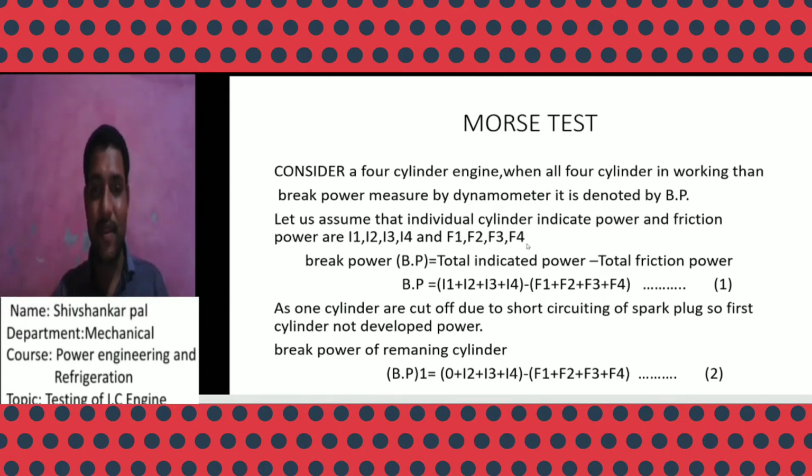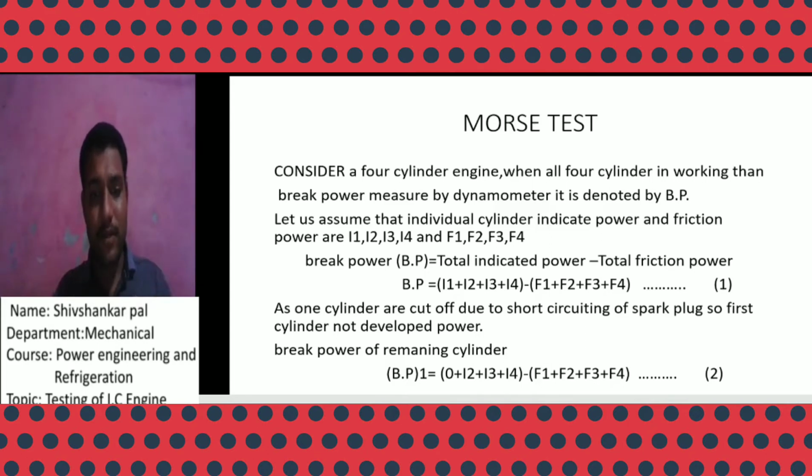Then the total brake power is equal to total indicated power minus total friction power.